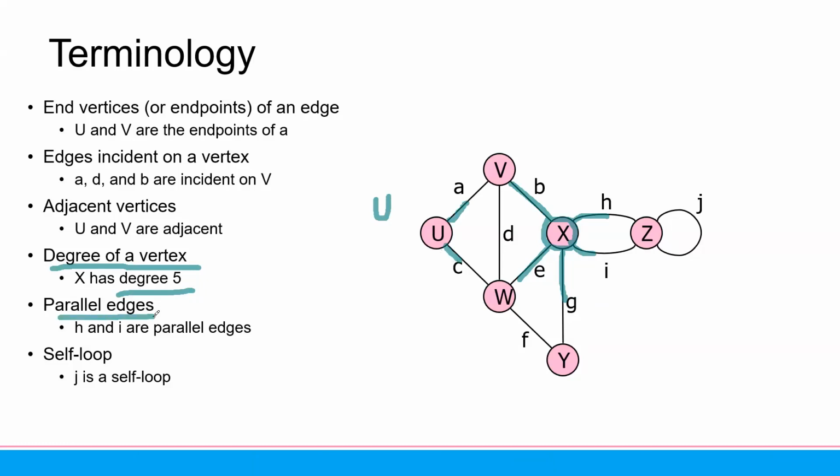Parallel edges. H and I, they are parallel edges because each edge has its own name, H and I. And we can have another kind of edge, we call it a self loop. So this is a self loop. So the edge is going to its own vertex. Okay.